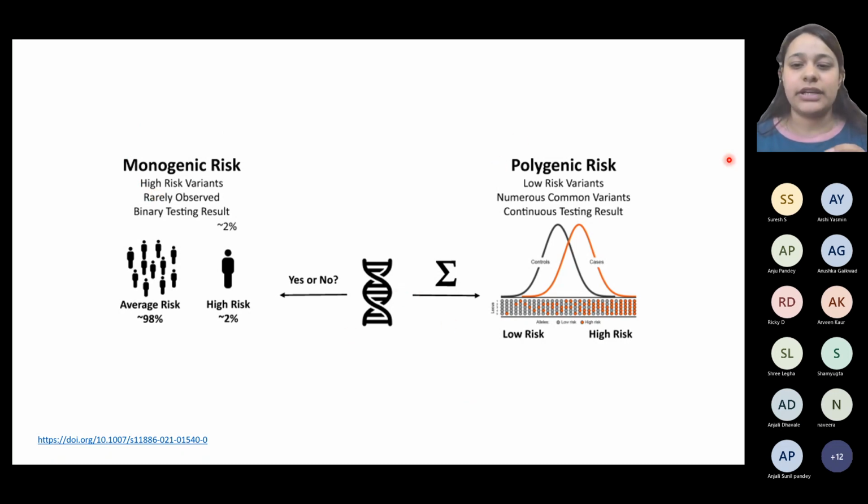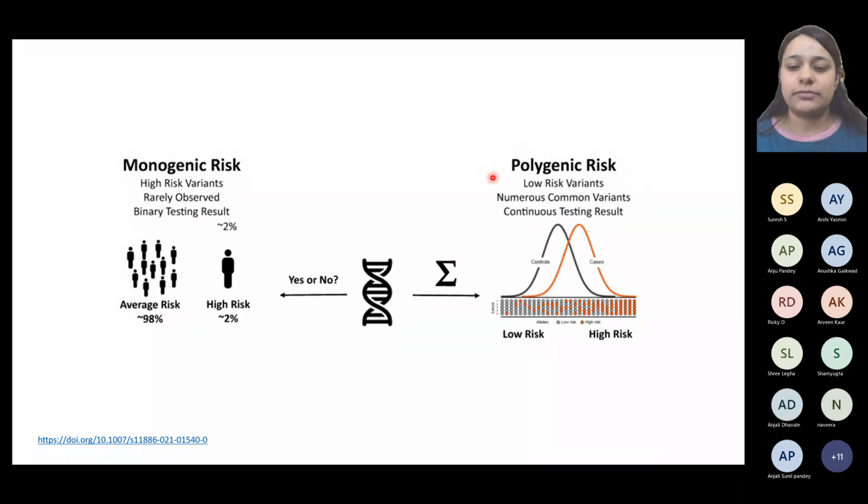On the contrary, polygenic risk is the kind of risk factors that we had been discussing so far. So over here, what it means is that these genetic risk factors are low risk variants. Over here, it says high risk variants, meaning if you have the risk factor, then you will probably have the disease.